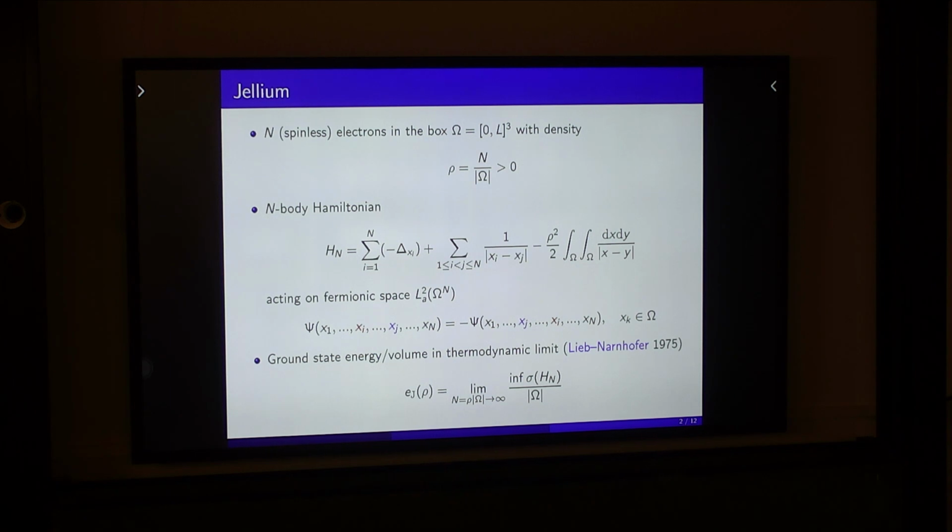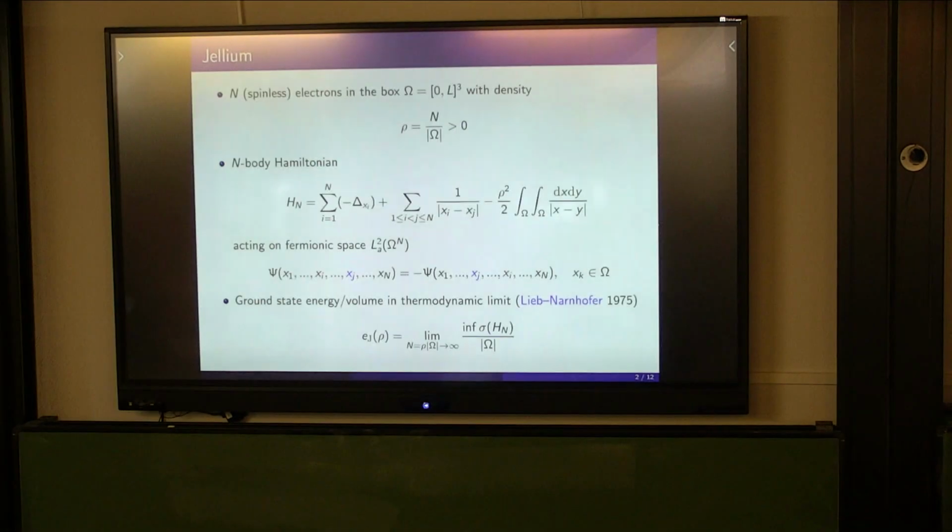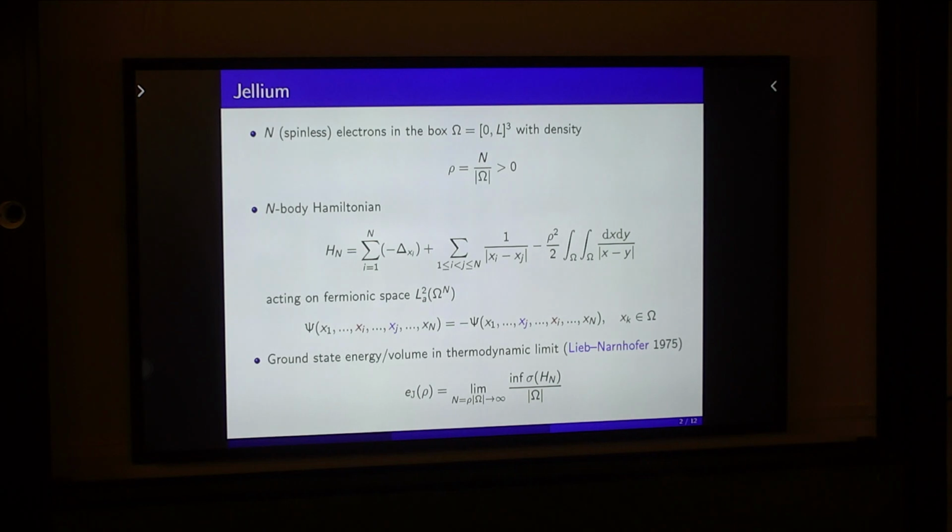Okay, so the model is pretty basic. You can think of it maybe as an application to a piece of metal. Usually for a metal you can think that you have ions placed crystal-like, and then you have electrons running around.